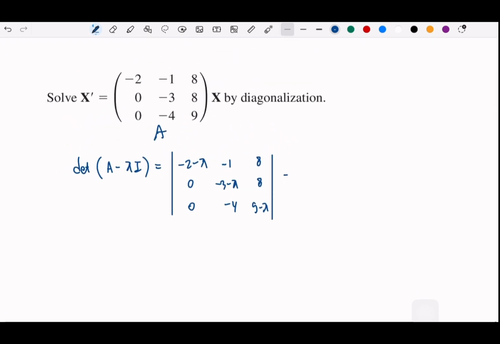So we can check the multiplications for each one of them. But let me just give you the final result for the eigenvalues.